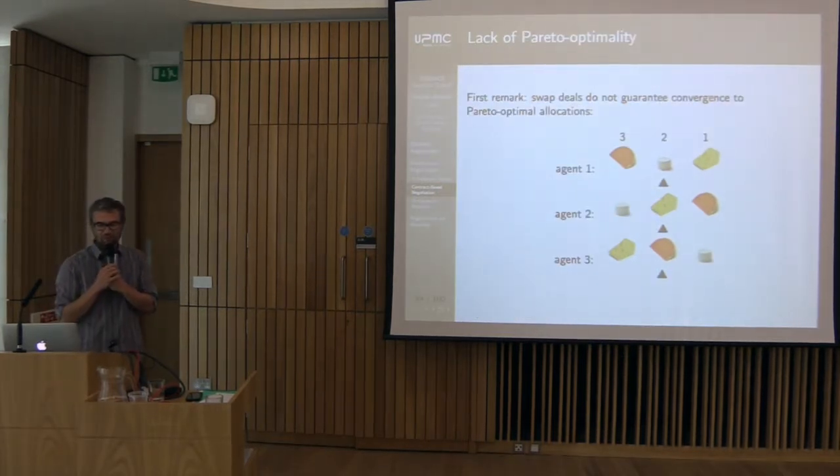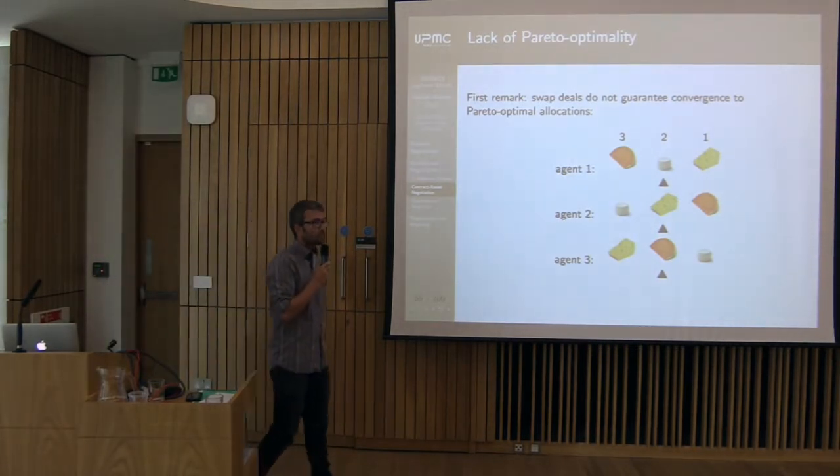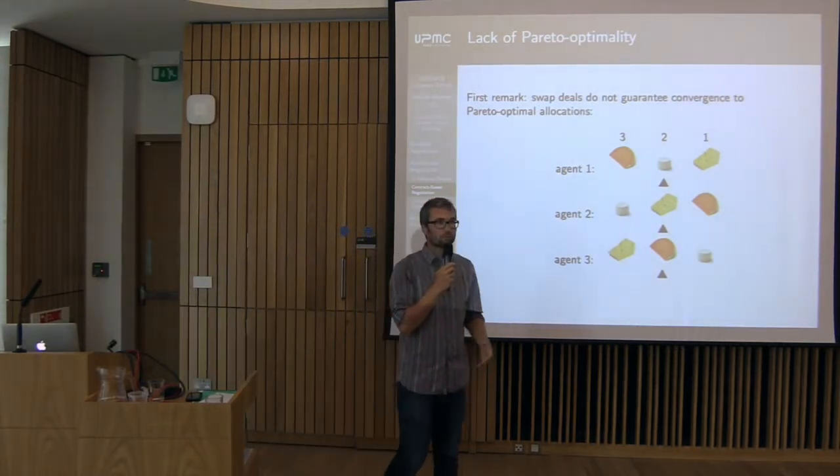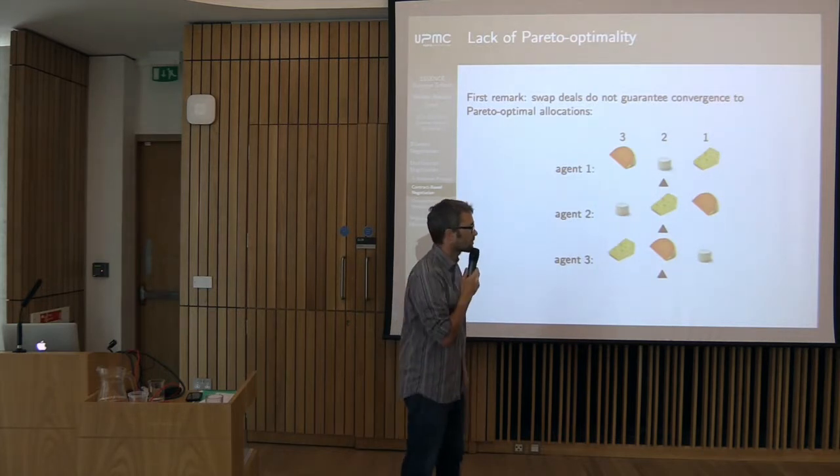Indeed. Why? Because it's very restrictive. We just have deals among two agents, just swaps. But it can be the case that to make your improvement, you would have to involve more agents. So, for instance, you could have a cycle of 3 agents to improve.